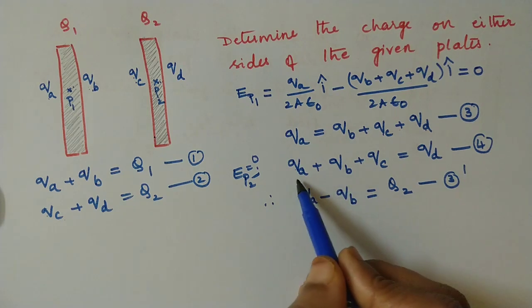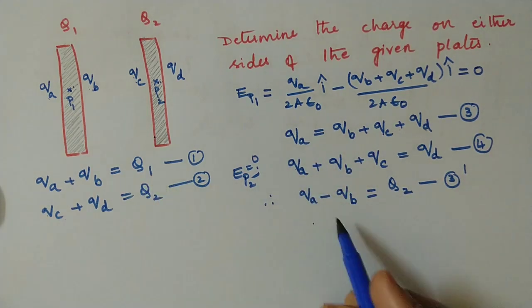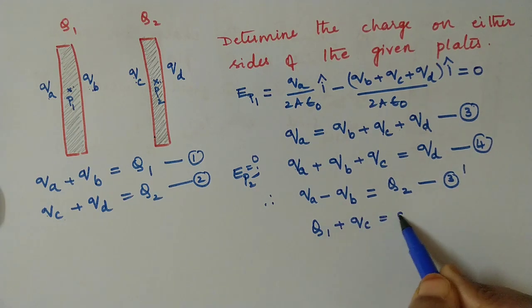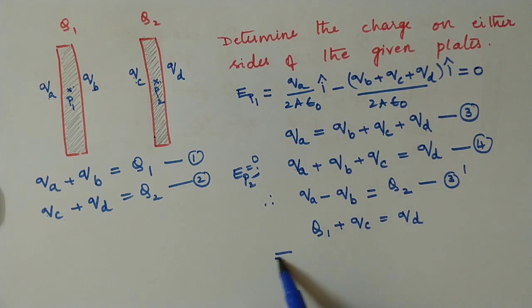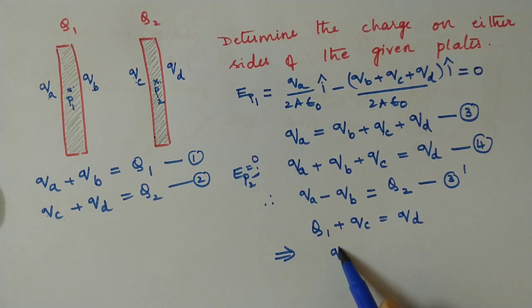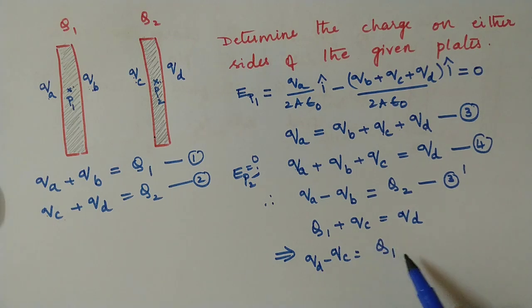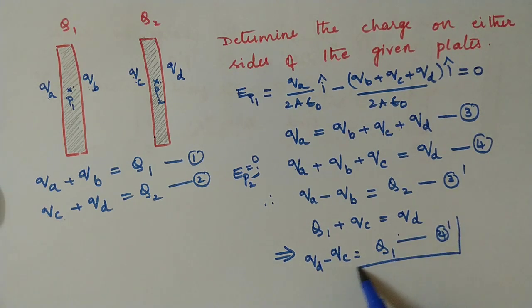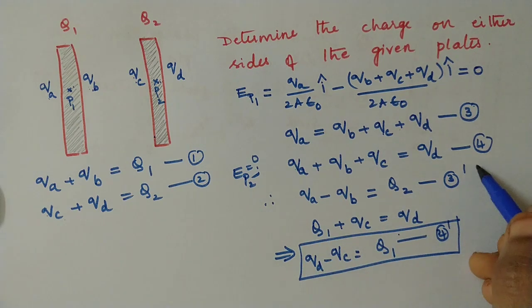Similarly, in equation 4, I am replacing QA plus QB as Q1. Q1 plus QC is equal to QD implies QD minus QC is equal to Q1. I'll number this as 4 dash.